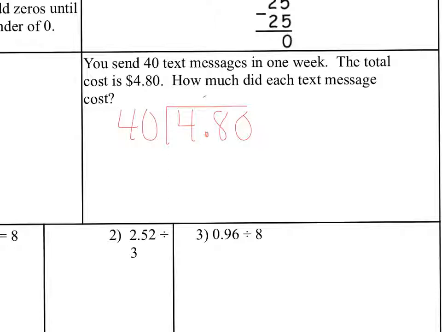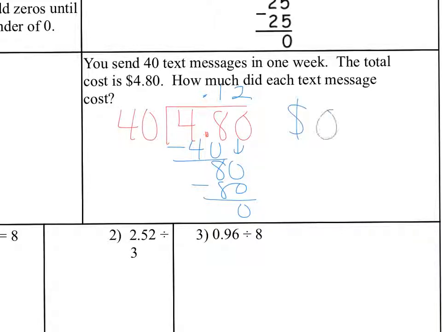How many times does 40 go into 4? You can't divide 40 into 4, so you can divide 40 into 48, which is 1. 1 times 40 is 40. 8 left over, bring down your 0. 40 into 80 is 2 times. We find out that each text message is going to cost 12 cents.